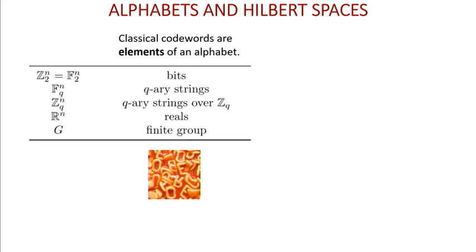And here are some examples, many of which you are probably very familiar with in classical coding theory. They don't always have to be bit strings. They can be fields or rings. And if you go back to the original motivation for Shannon theory, it was communicating across analog channels, so basically using real numbers.